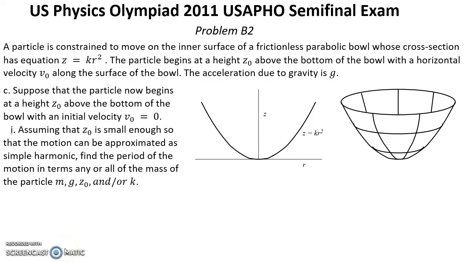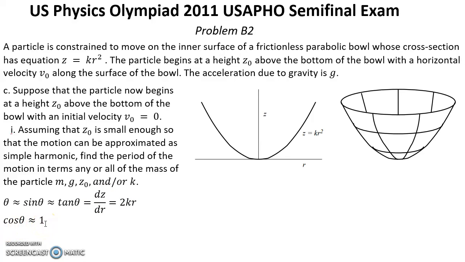Solution. Because z0 is very small, we can assume that angles are very small. So the correct assumption for this motion will be that angle theta approximately equals sine theta, approximately equal tangent theta, and tangent theta equal dz over dr, which is 2kr, and cosine theta approximately equal 1.